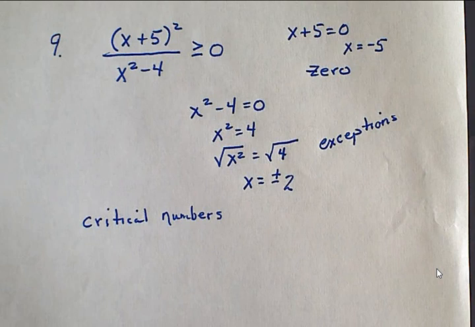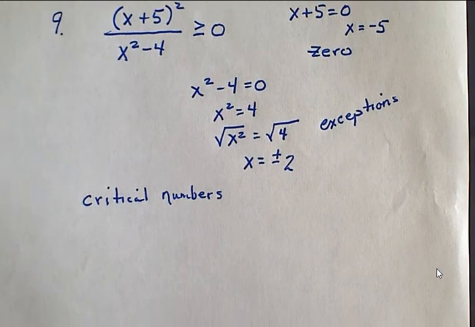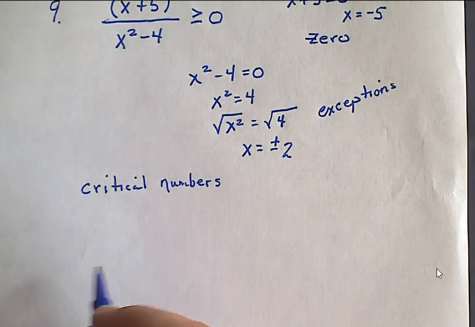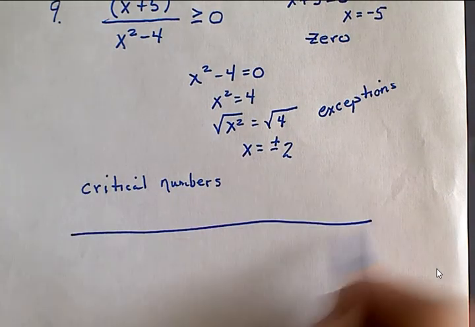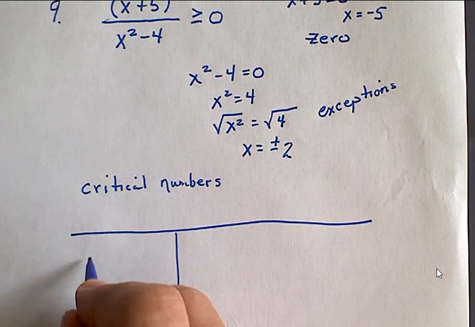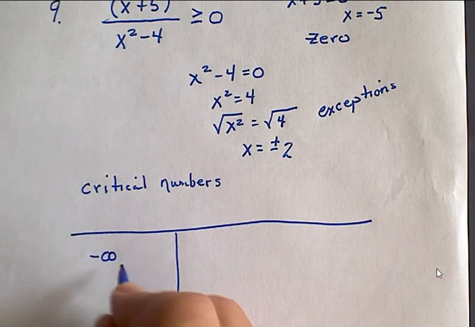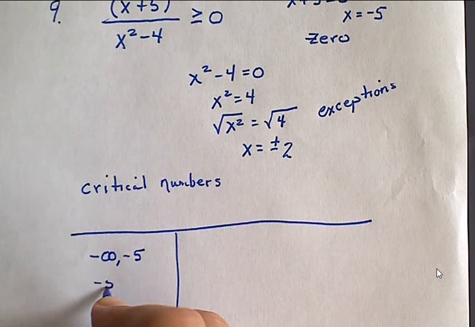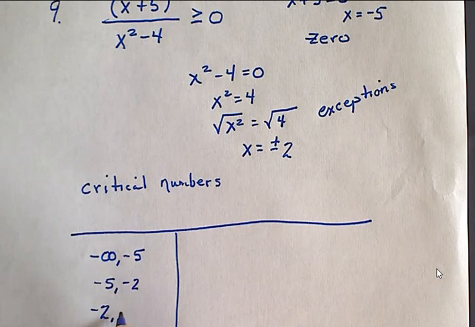So my table in this case is going to look like this. I'm going to go from negative infinity to negative 5, negative 5 to negative 2, negative 2 to positive 2, and positive 2 to positive infinity.